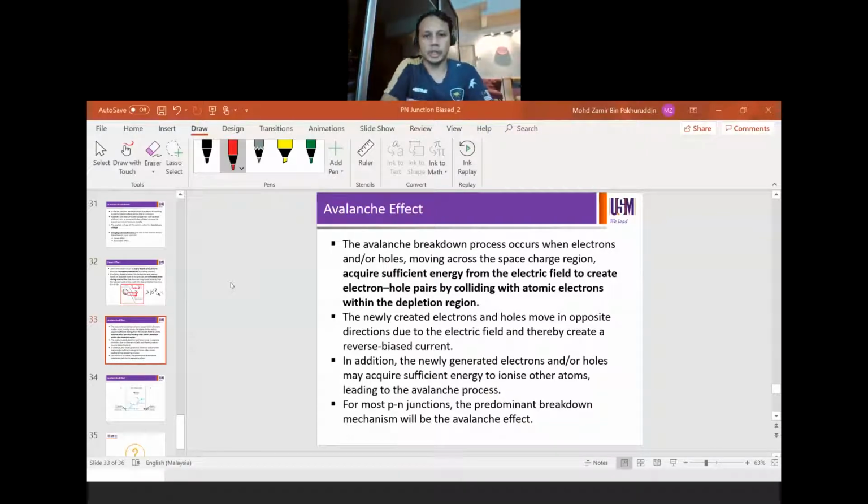For avalanche, it occurs when the electrons or holes moving across the space charge region are in the lightly doped or moderately doped junction. You've seen from the curve just now, usually up to 10^17. So anything below 10^17 cm^-3.